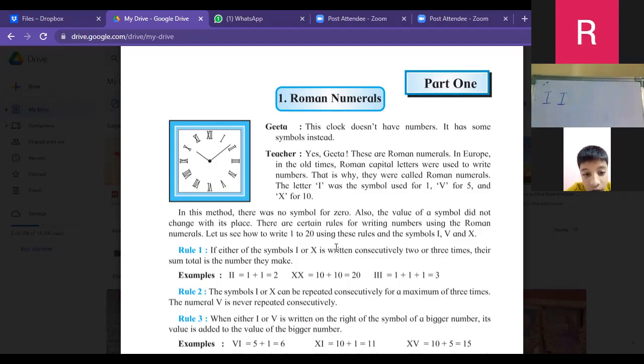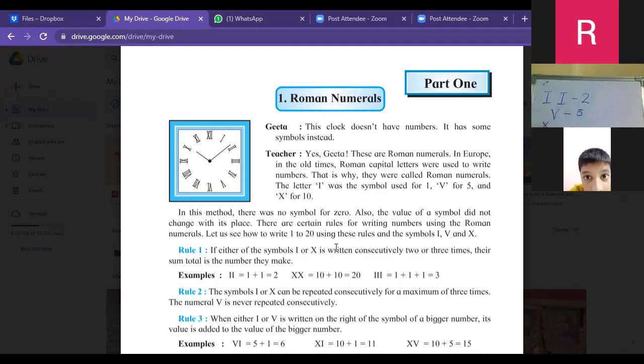How will you read this? 1 and 1, 2. Good. Now just now we have seen V means what? 5. Correct. So this way we will see the others.